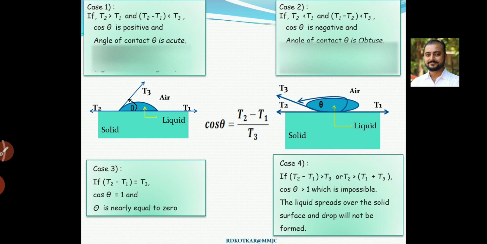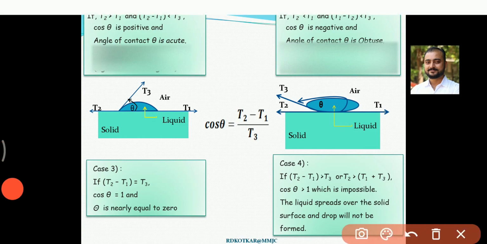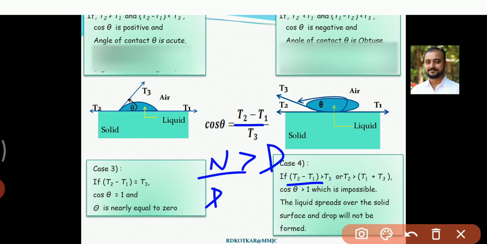It means the value of cos theta comes out greater than 1. The numerator is greater than the denominator, so the value of cos theta is always greater than 1.